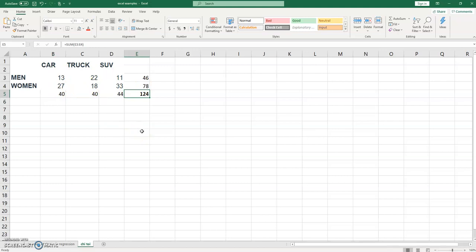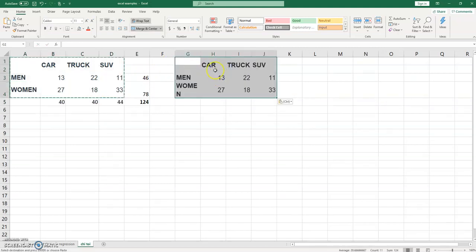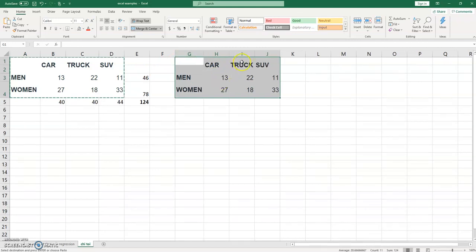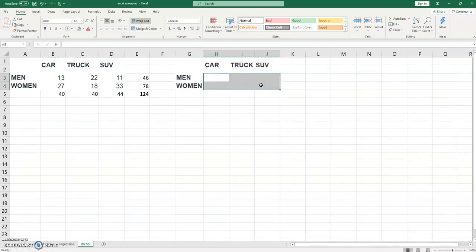So now we need to get our expected counts. To do our expected counts, it's going to be a table that looks just like this that we need to fill in. So I'm going to copy this table over, paste it, and clear out these values to calculate the expected values.